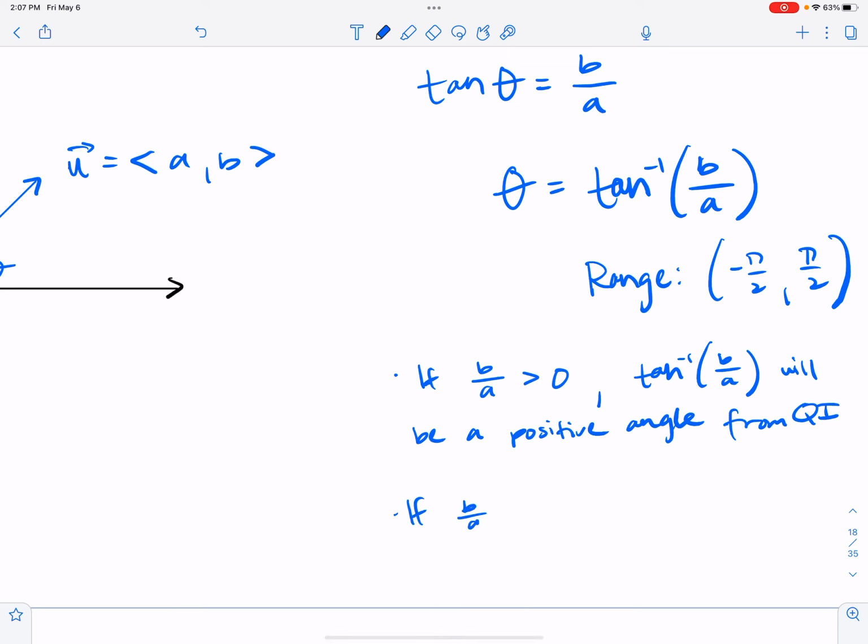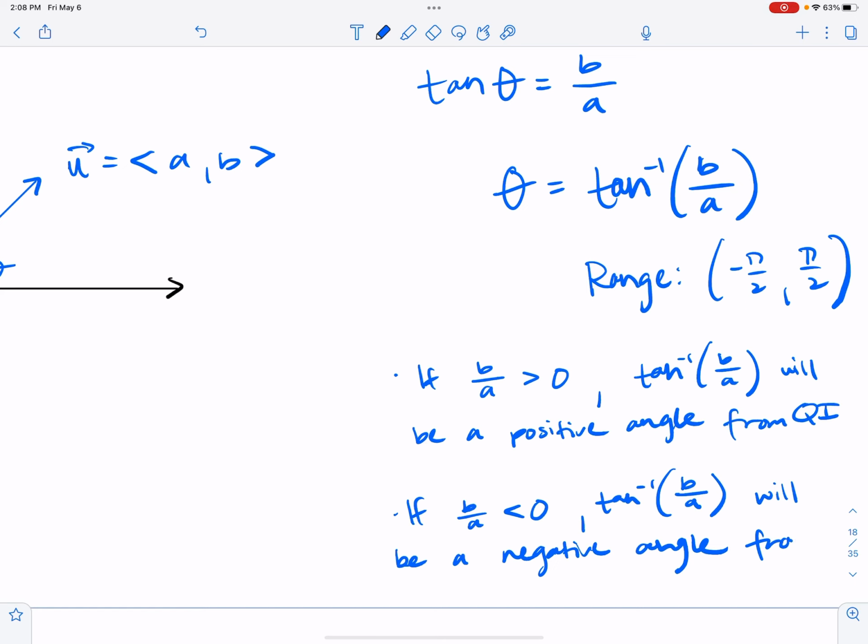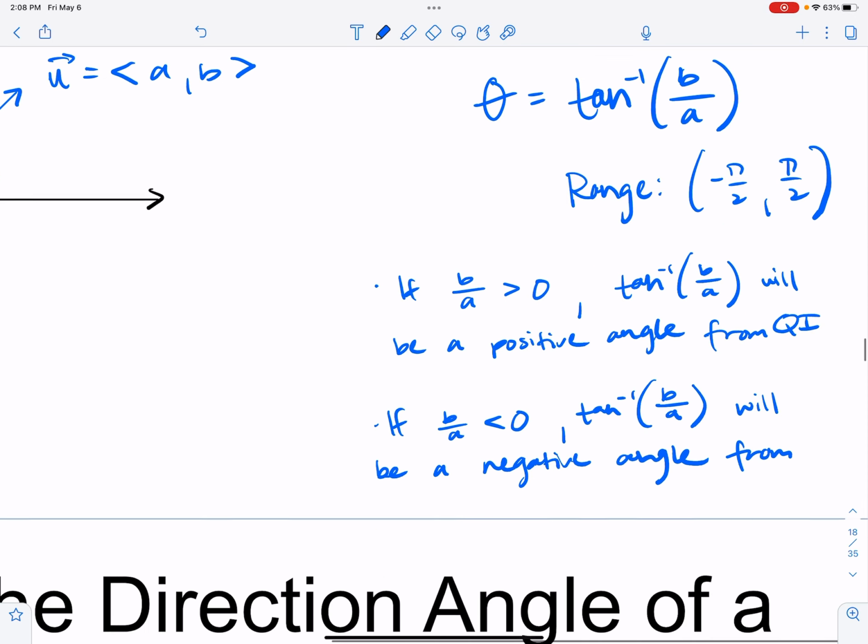If B over A is less than 0, then inverse tan of B over A will be a negative angle from quadrant 4.